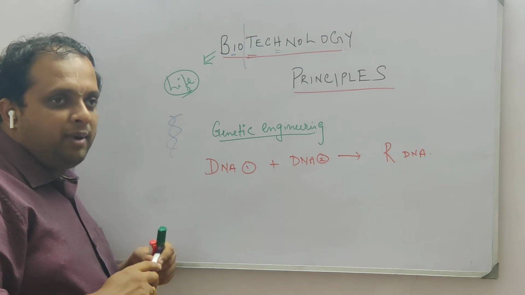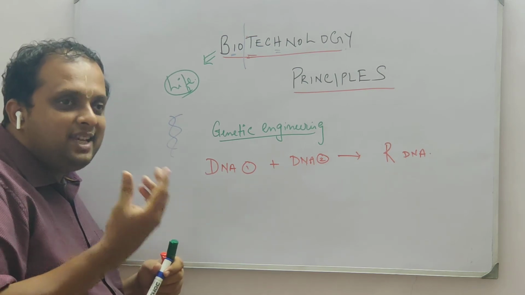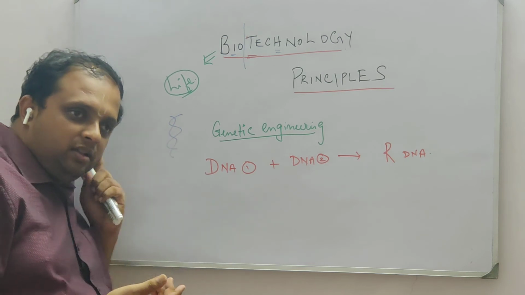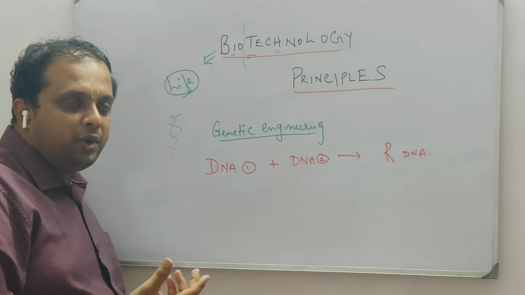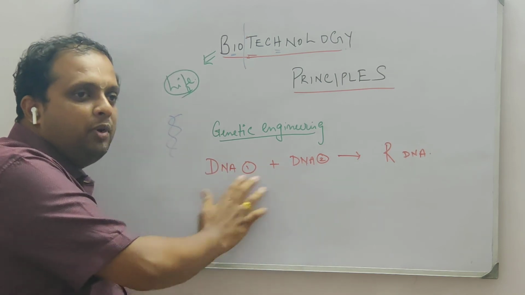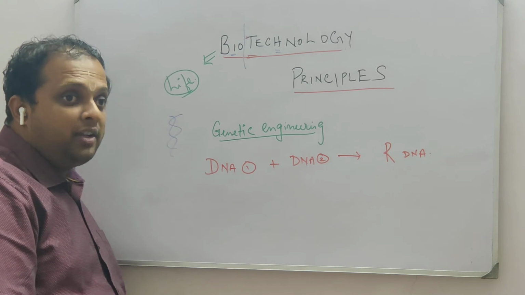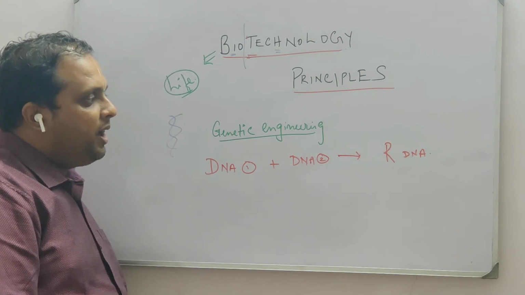But in this chapter, anything which is made up of nucleotides I call a DNA, so a gene is also a DNA. This is a very general term we are going to use here, so you will not get confused. So DNA1 plus DNA2 will give me rDNA.